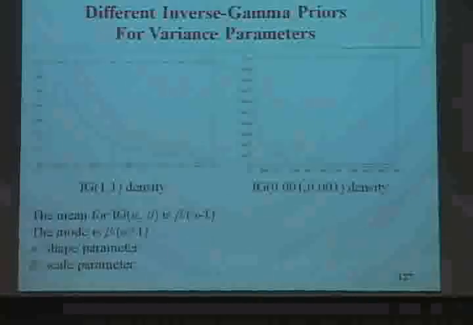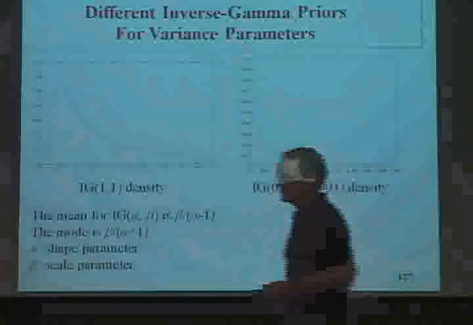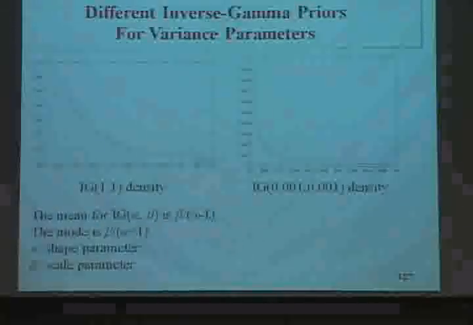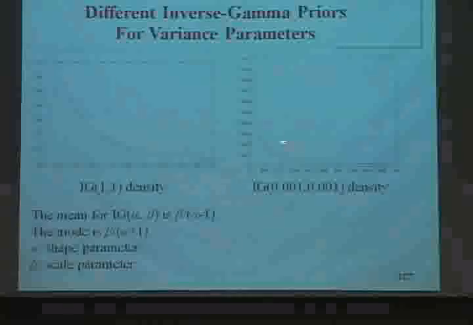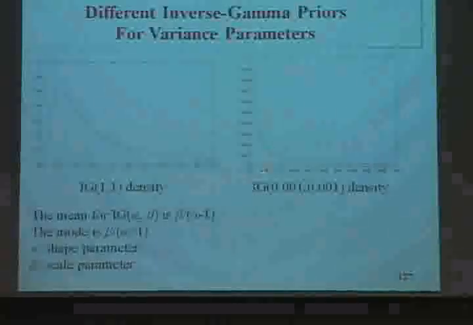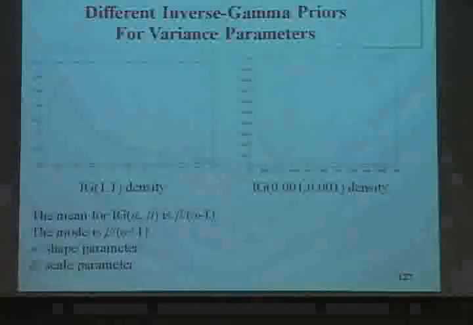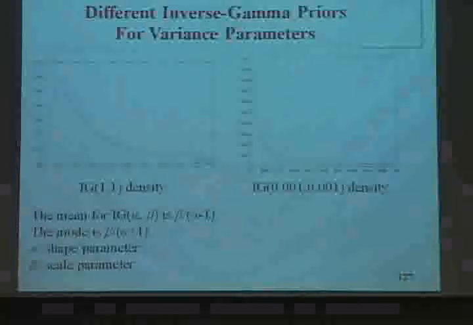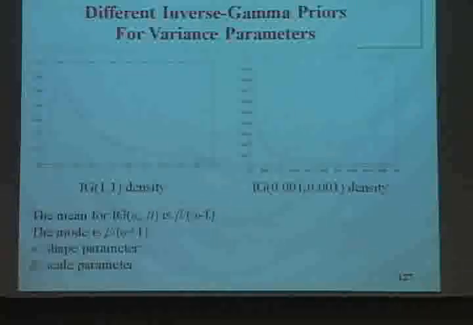As a precursor to that, you can take a look at what the priors actually look like. Here's the Spiegelhalter prior. It goes up in a very high peak here at 0. It places a great weight on 0 as a likely outcome. It tends to drive estimates down towards 0 for the variances, which may be reasonable for level 2 variances.